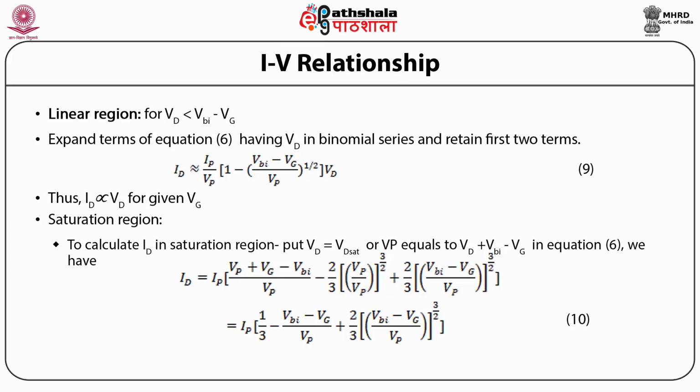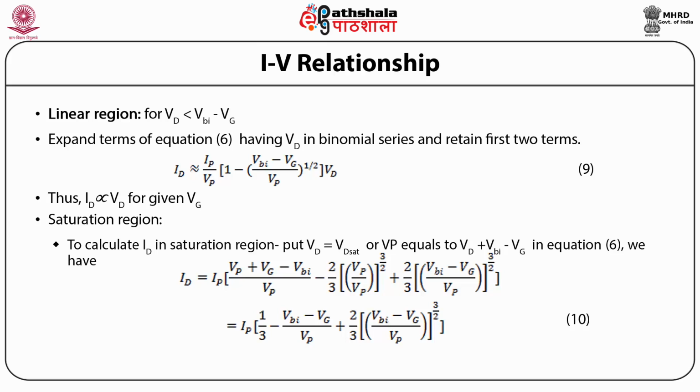We get I_D equal to I_P multiplied by square bracket (V_P plus V_G minus V_bi) divided by V_P minus 2 by 3 V_P by V_P to the power 3 by 2 plus 2 by 3 multiplied by (V_bi minus V_G) divided by V_P to the power 3 by 2, square bracket close.